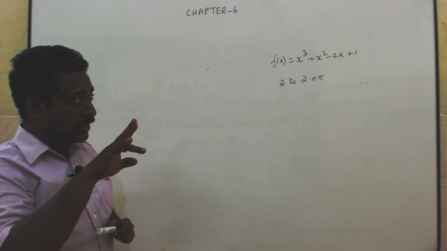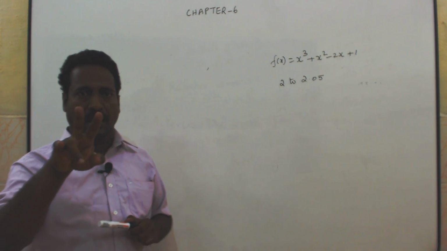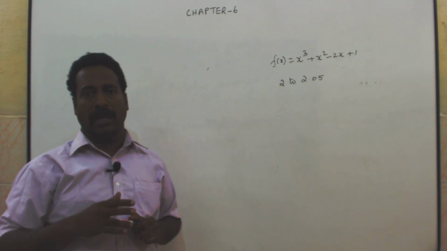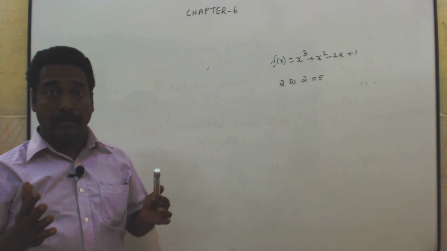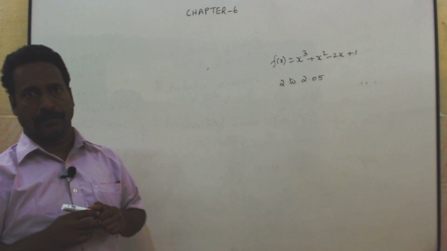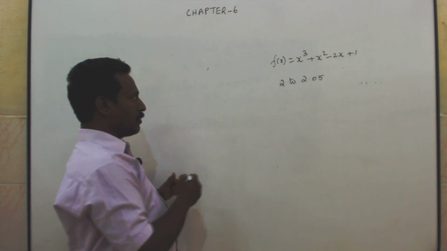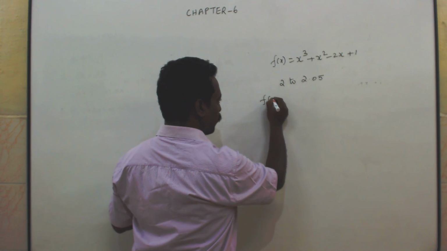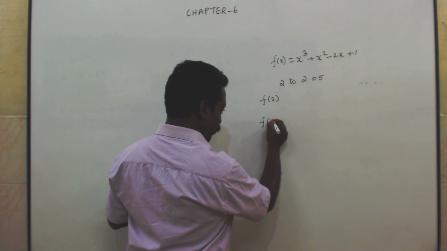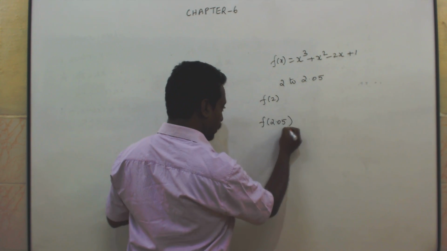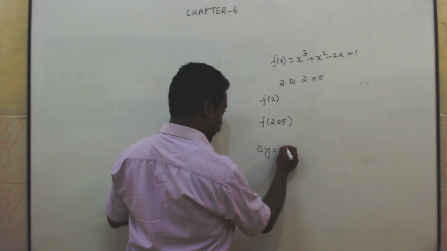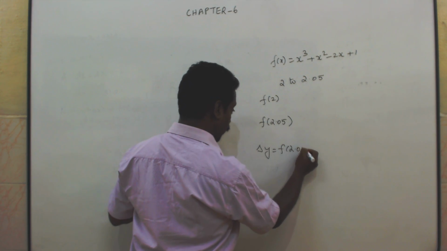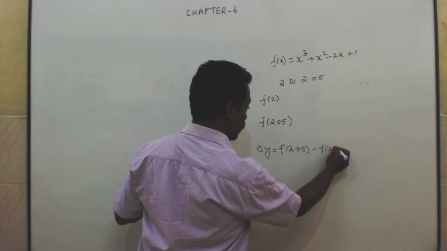So, here there are two different values they ask. One is delta y, another one is dy. Delta y means change in y. So, that is why we have to calculate f of 2.05. Delta y equal to f of 2.05 minus f of 2.